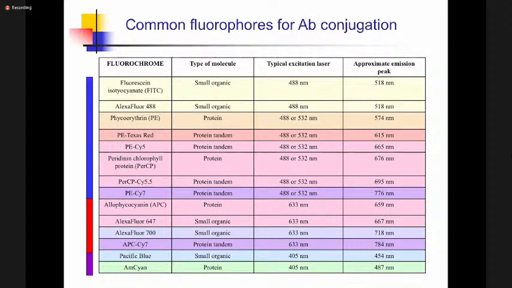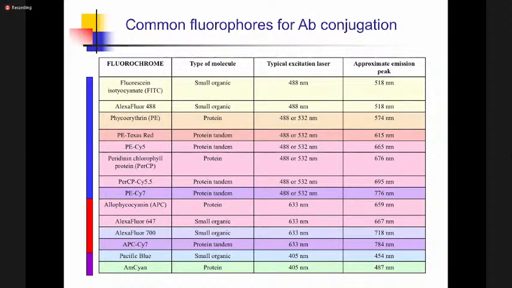Alexa Fluor. Well, I liked Alexa Fluor so much when I was doing my advanced training in flow cytometry, but it was the first time I was using the Alexa Fluor channel, so it was exciting to me. And I've mentioned you can also use phycoerythrin. You can use phycoerythrin Texas Red or phycoerythrin cyanine, peridinin chlorophyll protein, which is indicated PerCP, and all this.